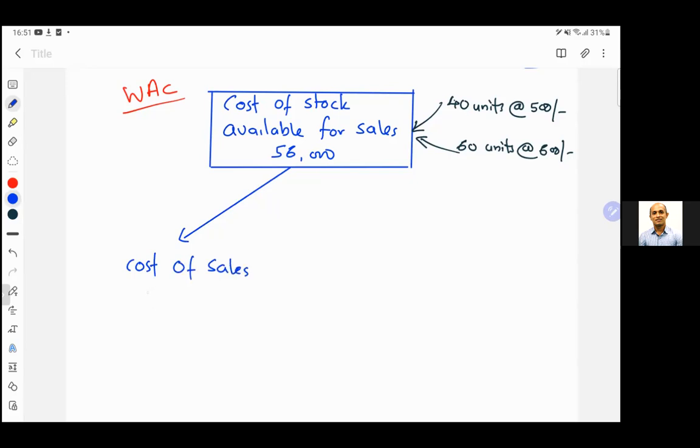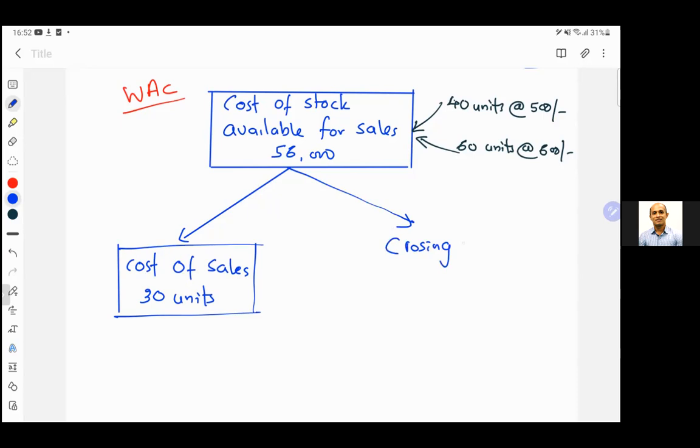The company has sold 30 units, and closing stock is 70 units.